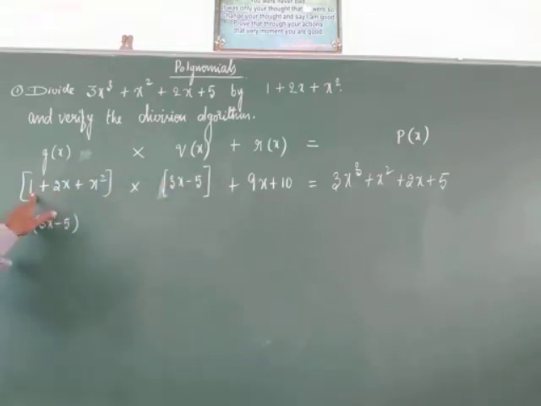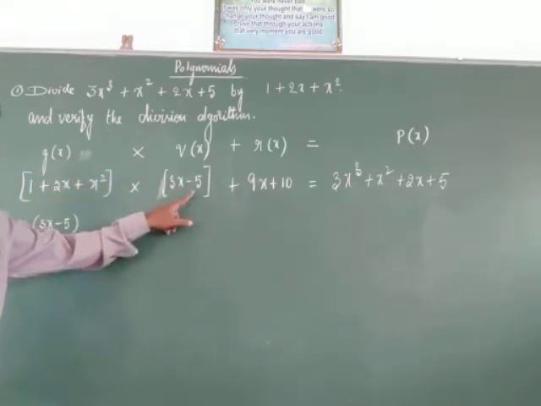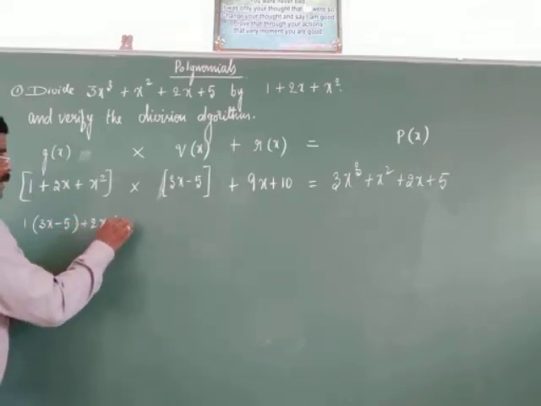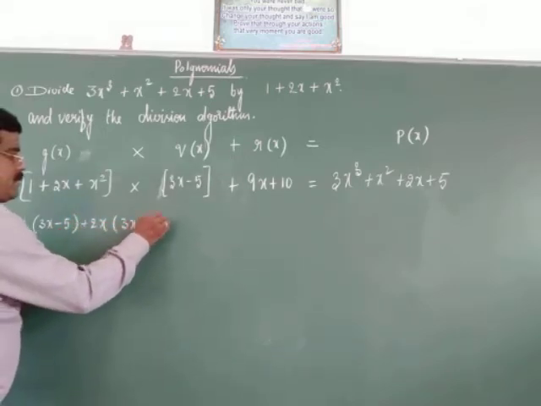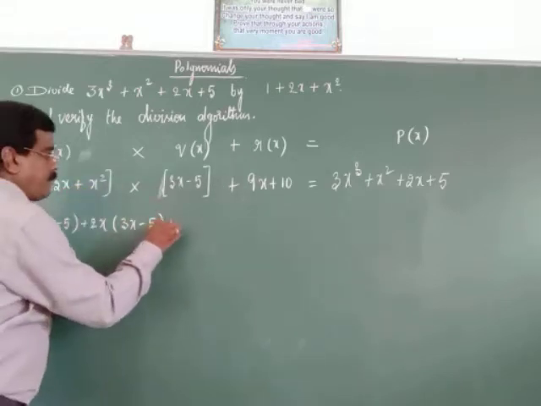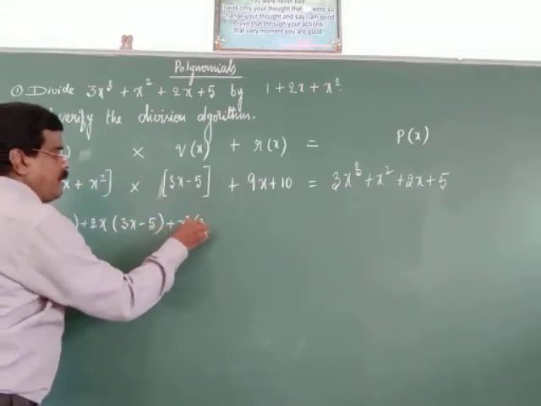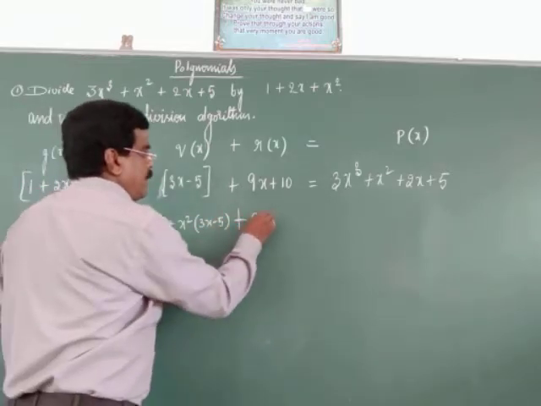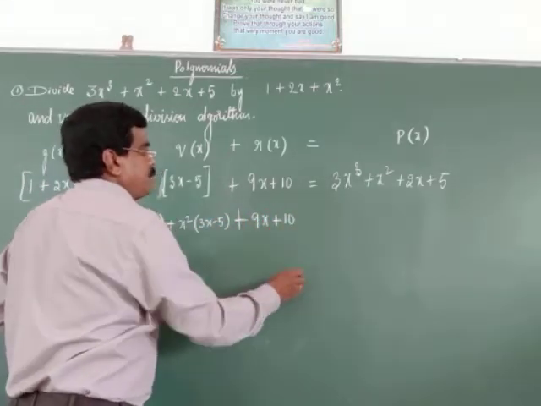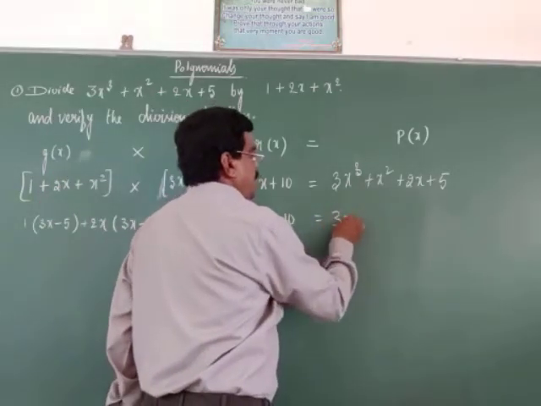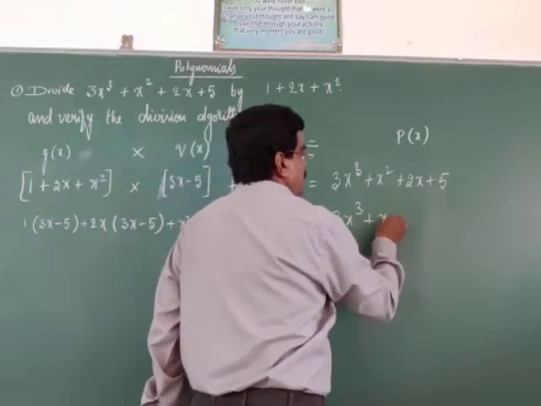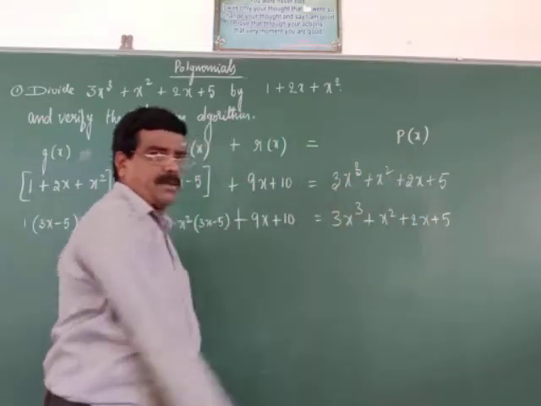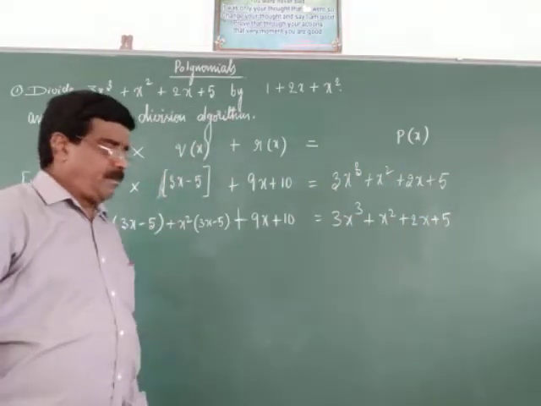That is 1 into 3x minus 5, again plus 2x into 3x minus 5, plus x square into 3x minus 5, plus 9x plus 10 should be equal to, as this is copying, 3x cube plus x square plus 2x plus 5. This right side you are just writing as it is, because you get that.